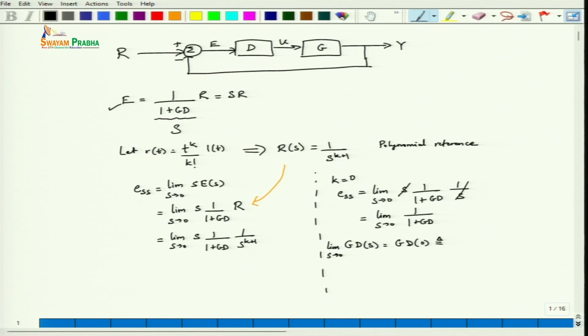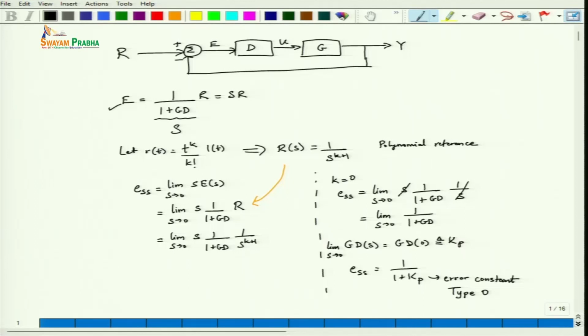So let us denote that by definition to be some Kp. In that case ESS is equal to 1 by 1 plus Kp, and this Kp is basically an error constant. And this kind of a system is called a type 0 system. So this type of a case is called the type 0 case with respect to the reference trajectory R.